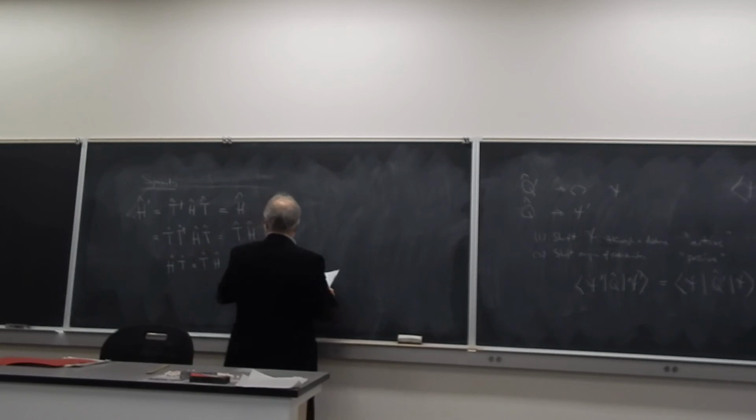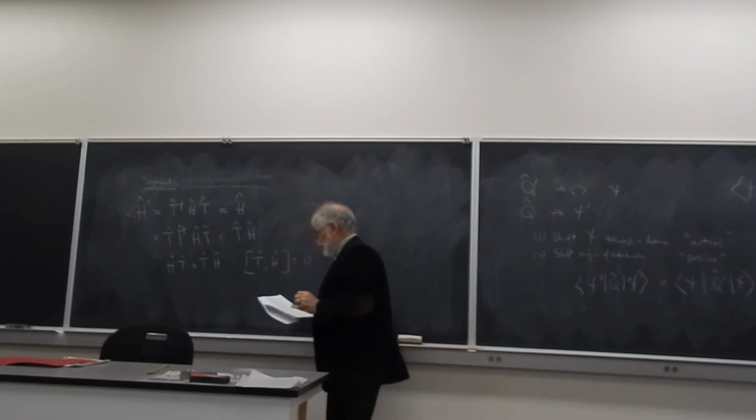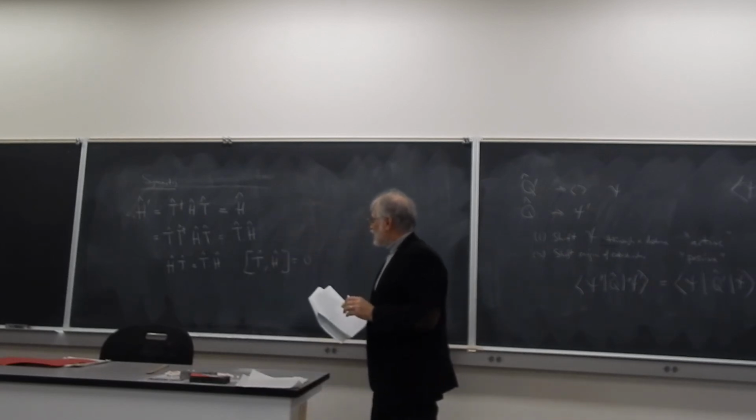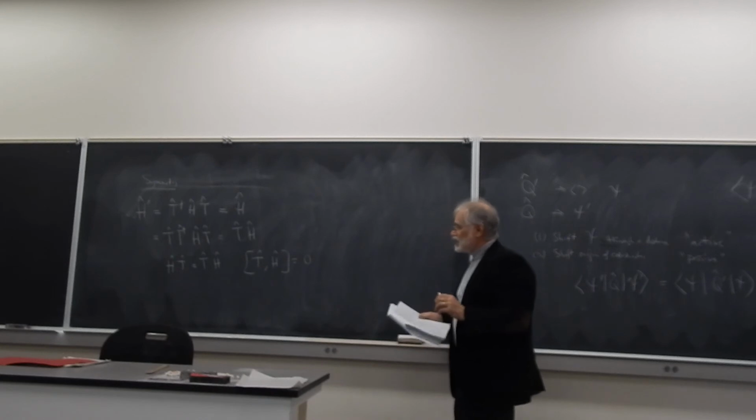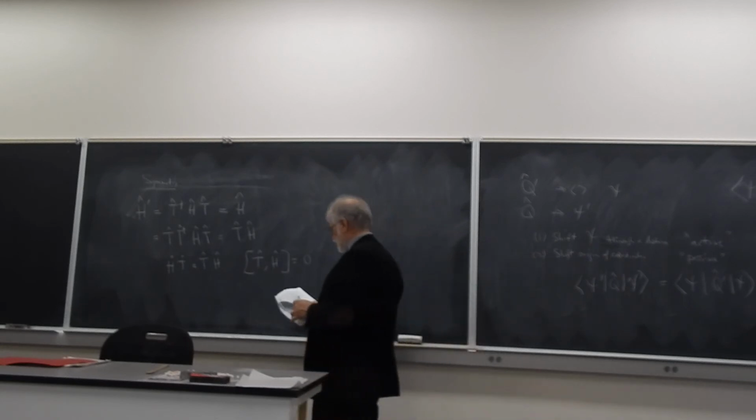In other words, their commutator, T and H, is 0. So we can say quite definitively that we have translational symmetry as long as the Hamiltonian commutes with the translation operator.